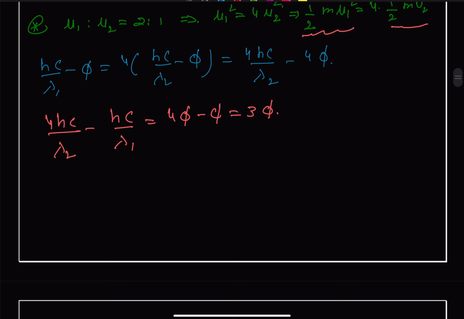And from here we can write that our work function phi, we can take Hc as common. So this comes as Hc upon 3 times 4 upon lambda 2 minus 1 upon lambda 1.